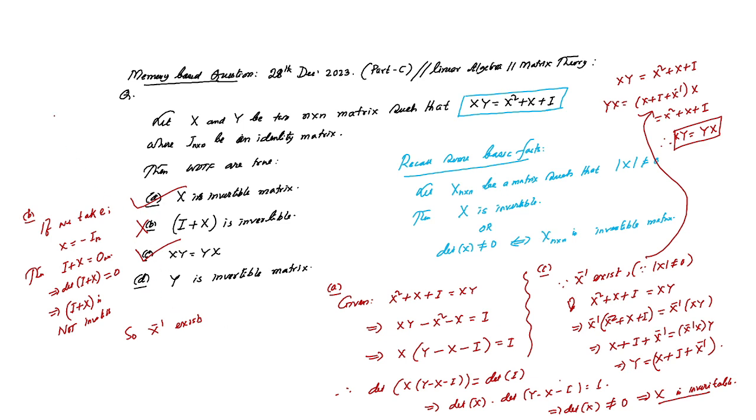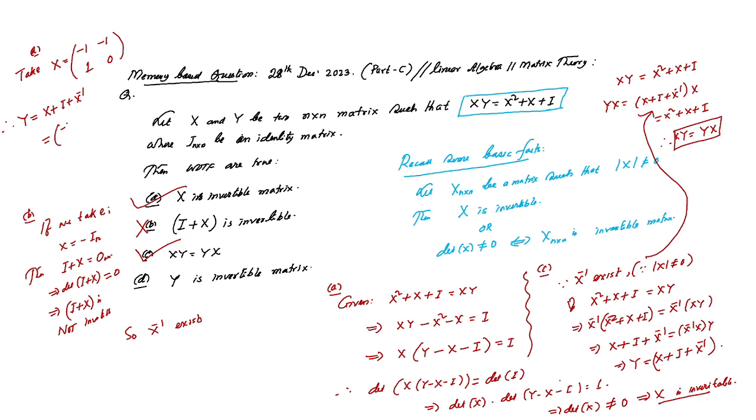For option D, take X equals the matrix with rows (-1, -1) and (1, 0), and in that case Y equals X plus I plus X inverse.